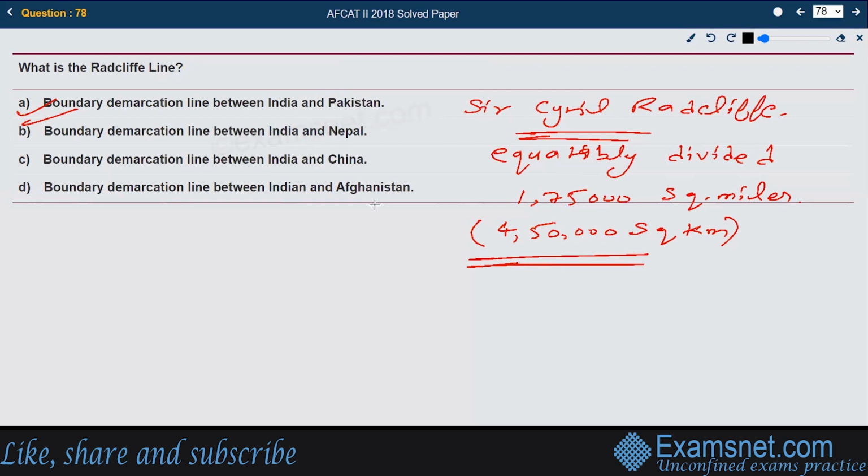The people affected were 88 million between India and Pakistan. So this was the Radcliffe Line designed by Cyril Radcliffe.